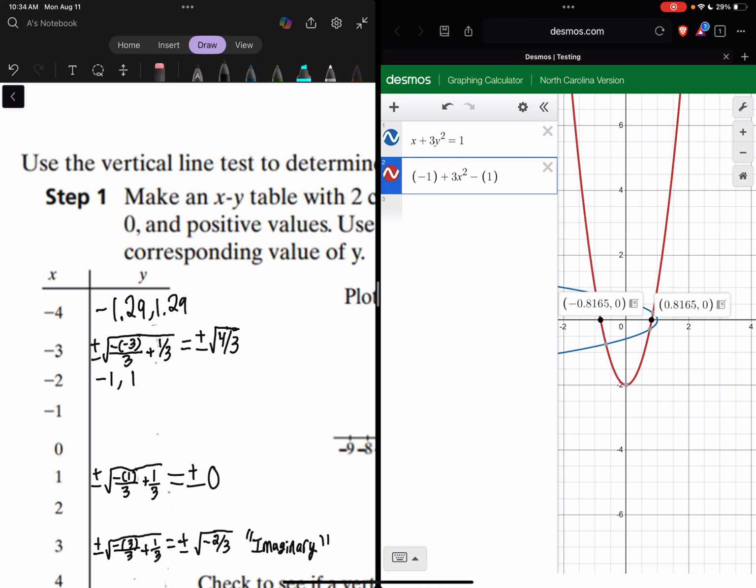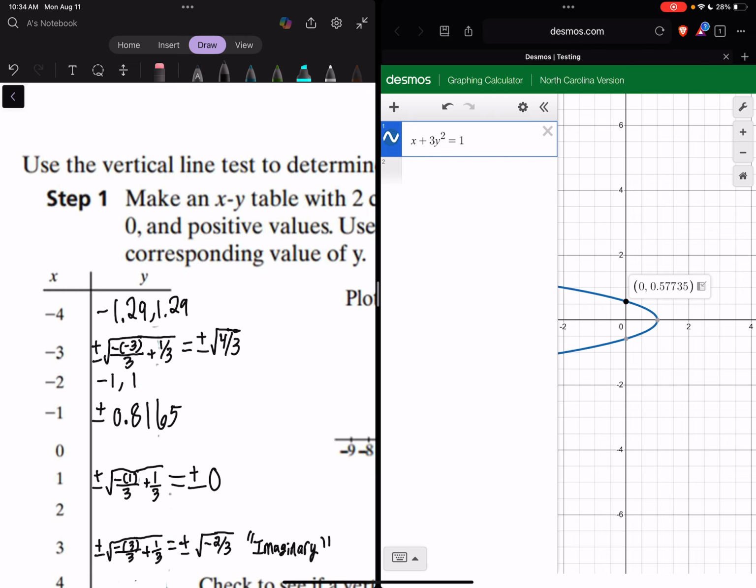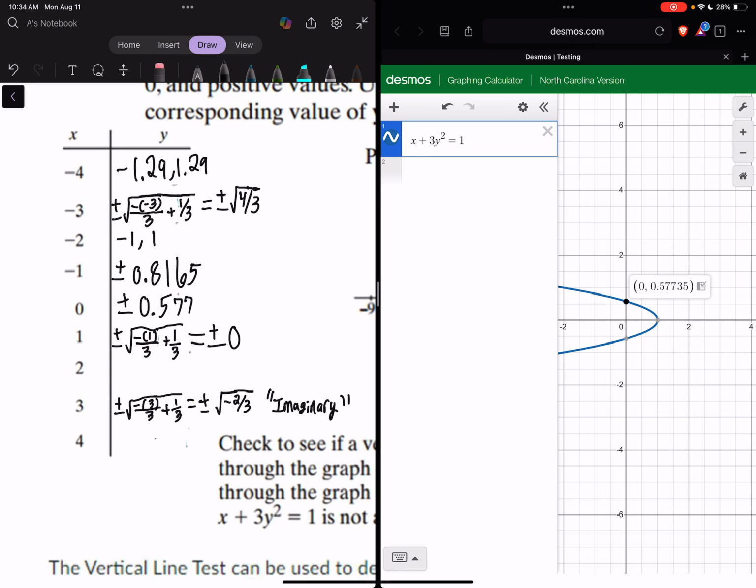Negative and positive 0.8165. Plus minus 0.577 approximately. 2 and 4 are both imaginary, so do not exist.